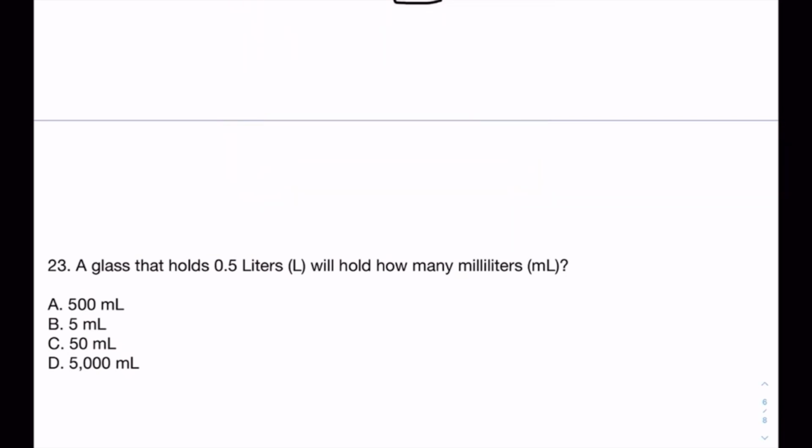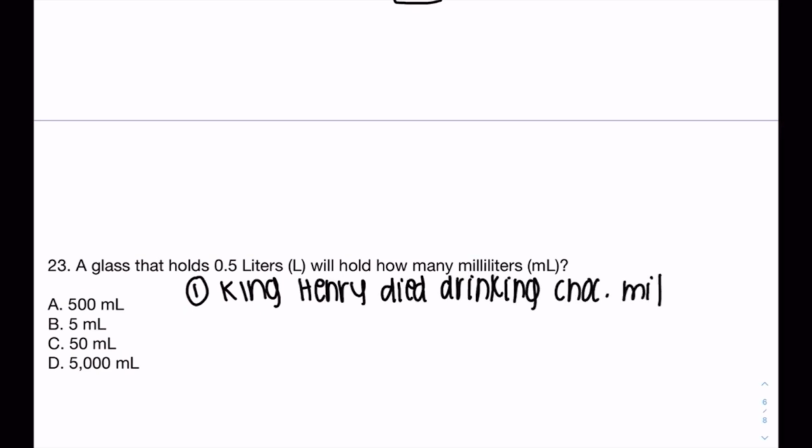So one thing that really helped me in nursing school, which I'm in my second semester now, is learning this. King Henry died drinking chocolate milk. Alrighty, so this is going to stand for kilo, hecto, deca, deci, centi, and milli.